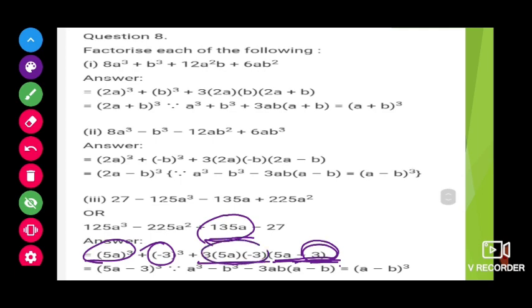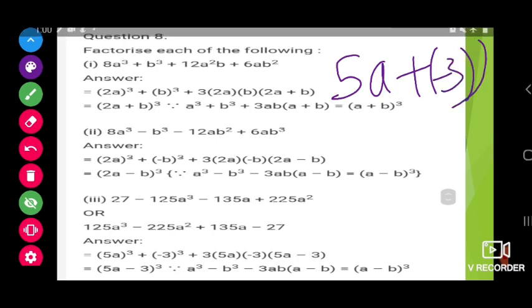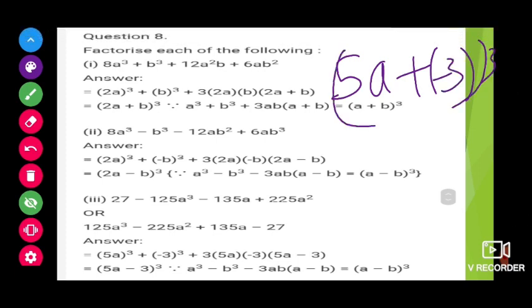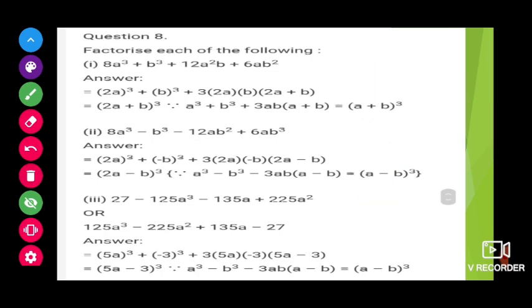Even if you want, you just multiply this, you will get 135a. Now it is in the form of a cube plus b cube plus 3ab into (a plus b). So (a plus b) whole cube, that is (5a plus minus 3) whole cube. So (5a plus of minus 3) whole cube. That is the final answer.